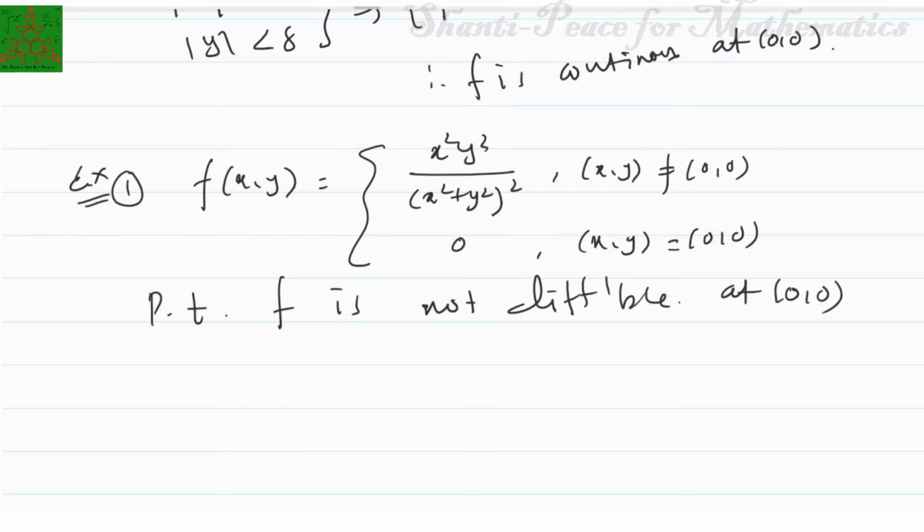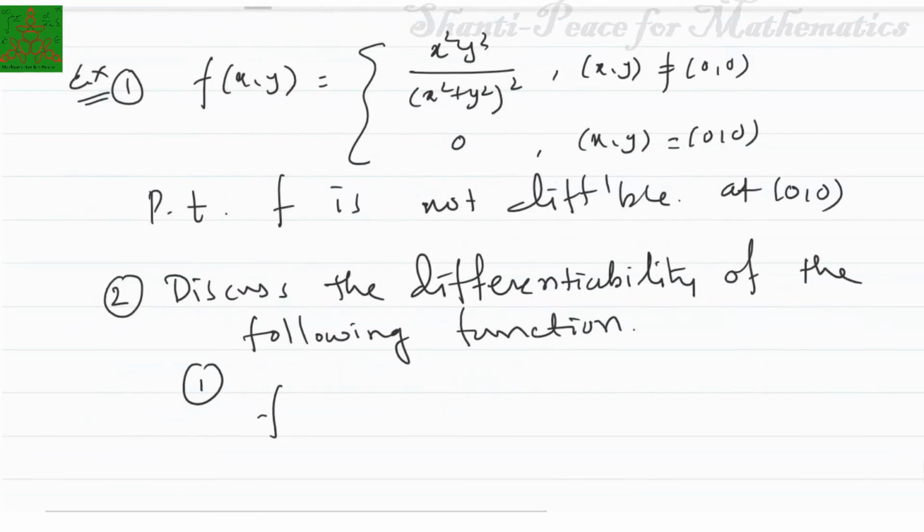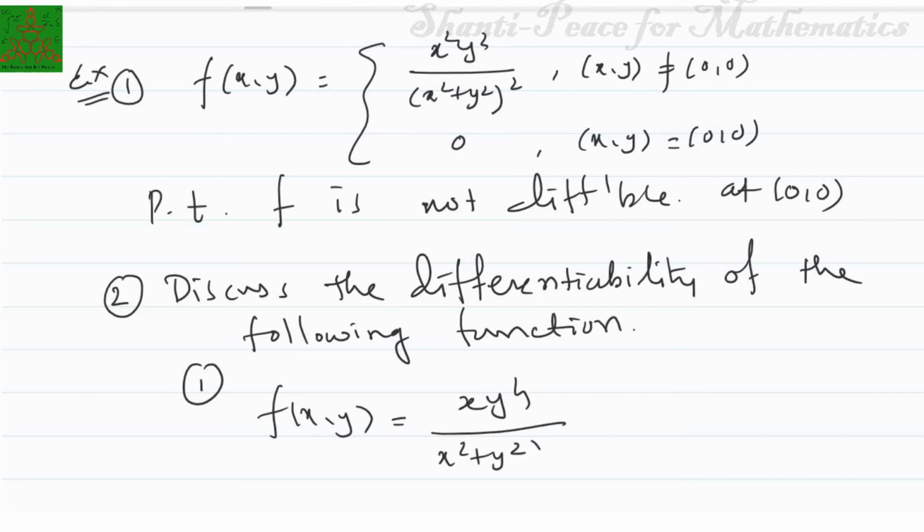This is the first example. Discuss the differentiability of the following function: f of xy is xy raised to 4 upon x square plus y square whole square if xy is non-zero, and f of 0, 0 is 0.